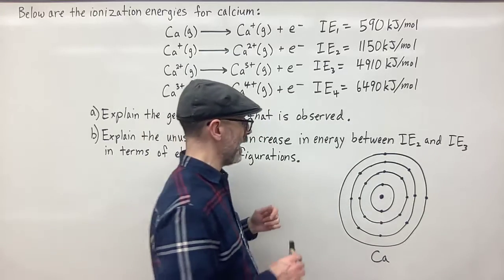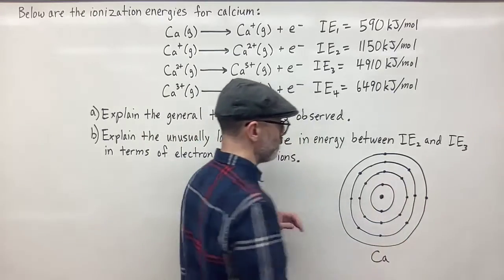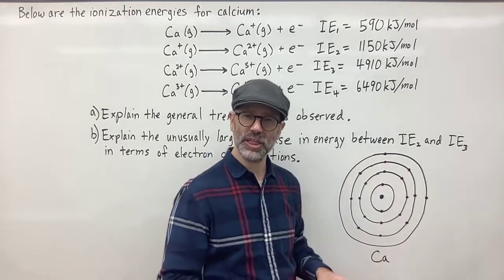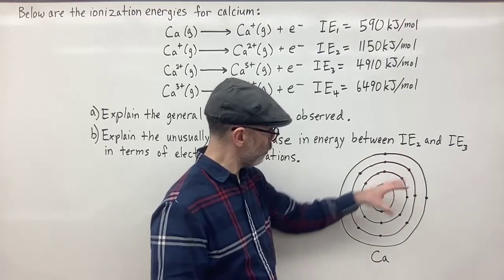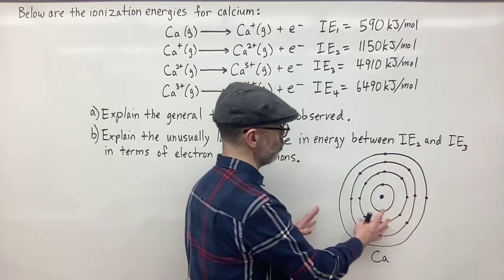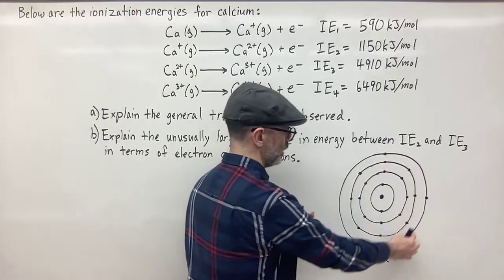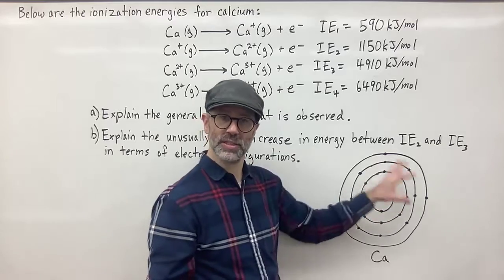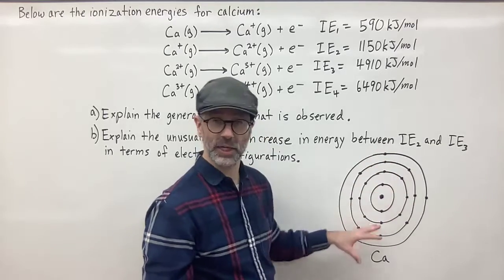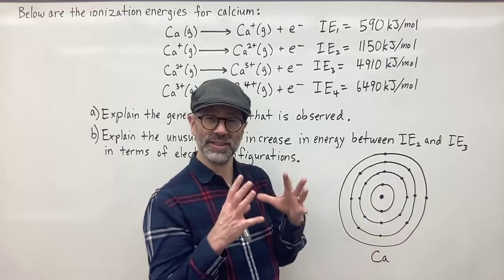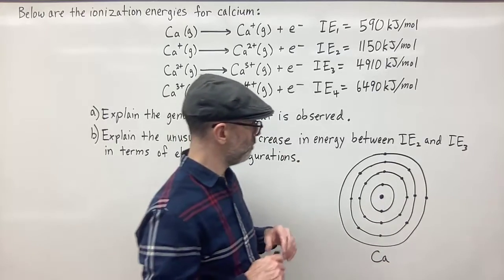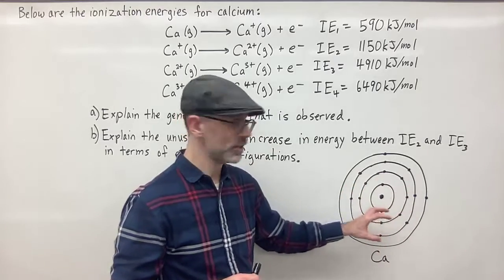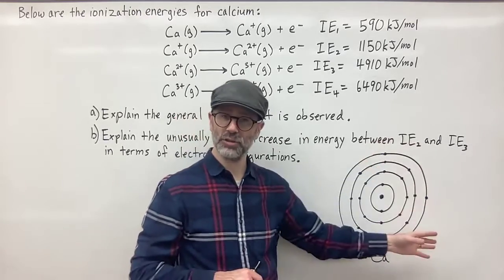As you can see here, remember that the inner core electrons act as a kind of shield from the nucleus. They are shielding the outermost electrons, the valence shell, from the nucleus. Because of the repelling forces between the electrons, they shield the positive attractive force of the nucleus from the outer electrons.